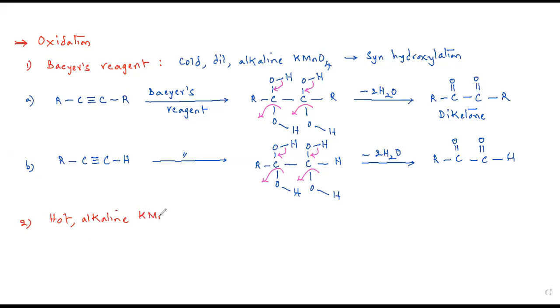Oxidation using the hot alkaline permanganate. Let us take the same alkynes with the hot alkaline KMnO4.